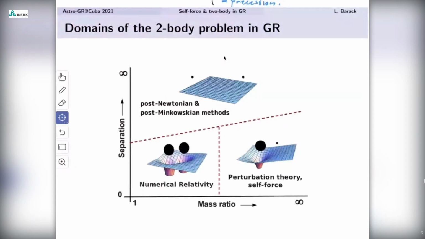I'm going to formulate this in about 3 slides below in a more precise way. The physical picture is that you have a self field that this object produces, and that self field exerts a force back on the thing that produces it.